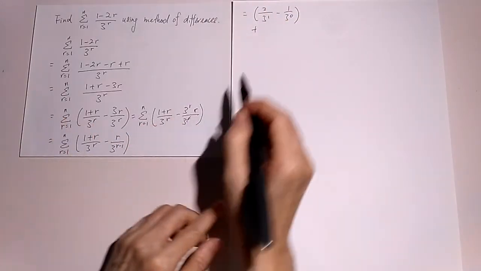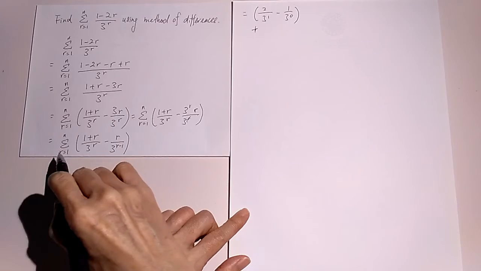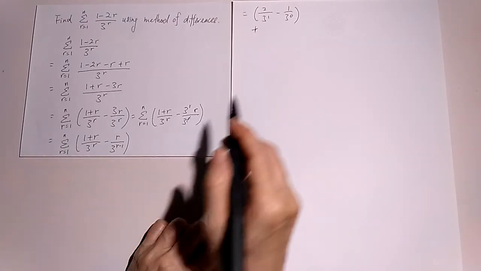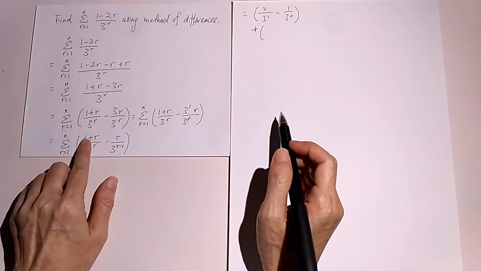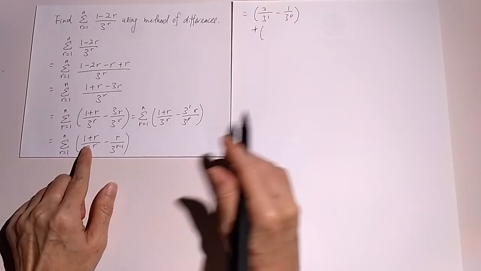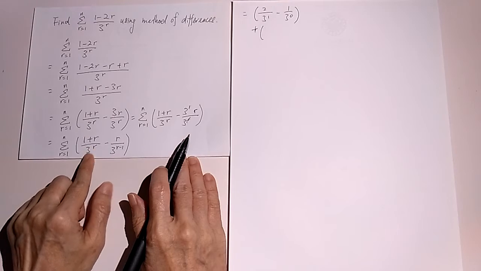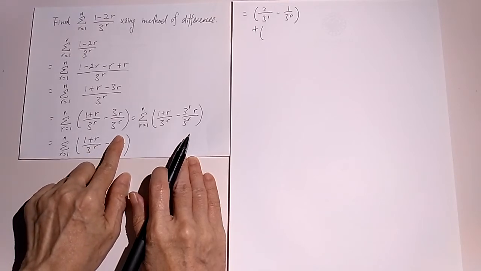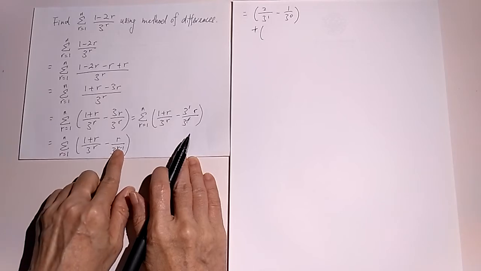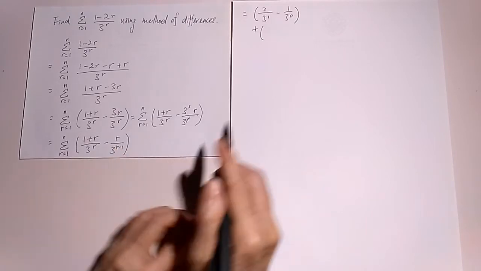You sum up all the terms from r equals 1 to r equals n. So the next one, when r is 2, 2 plus 1 would be 3, over 3 to the power 2, minus 2 over 3 to the power 2 minus 1, which is power 1.